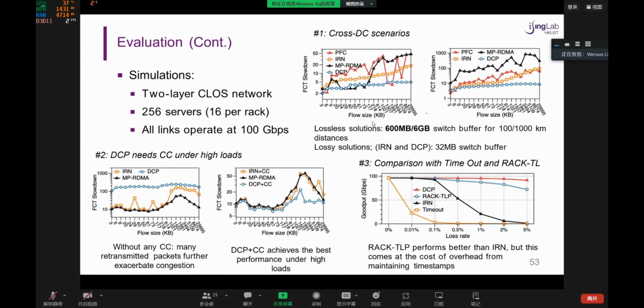DCP will only need to support a customized RDMA NIC product, and this NIC product can work together with this UEC-ready switch. So I think UEC can reduce the deployment overhead of DCP.